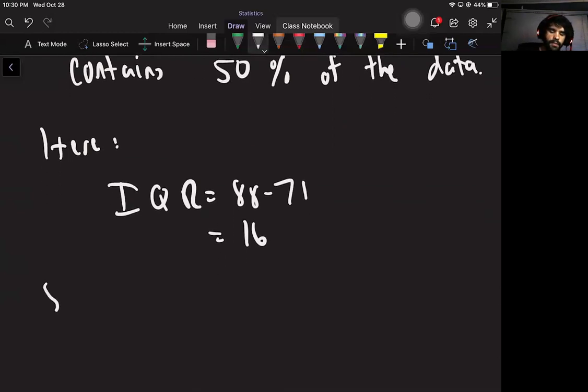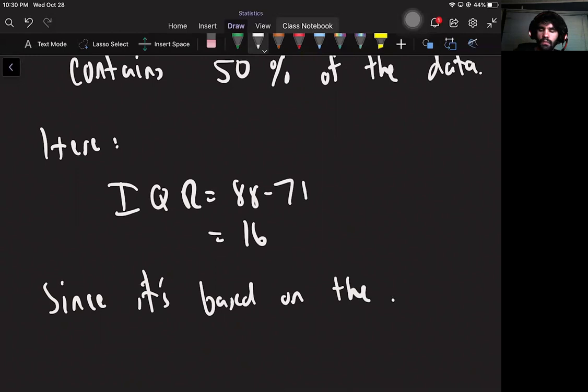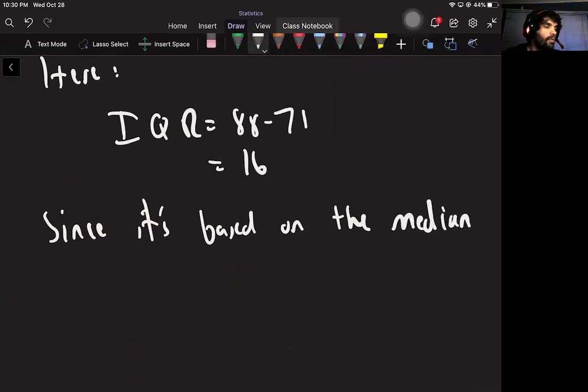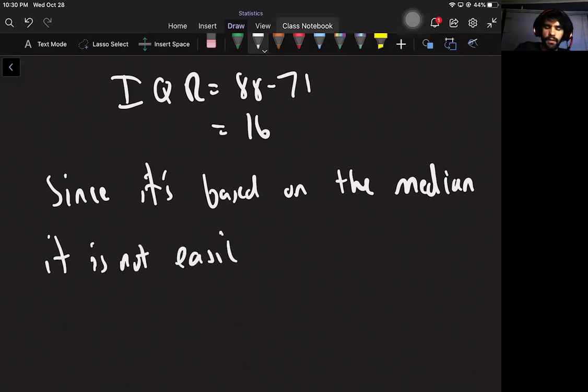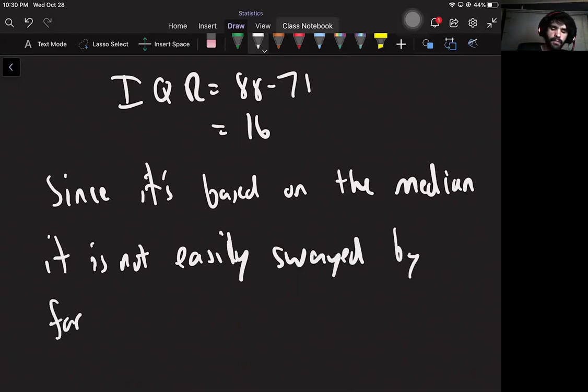Well, since it's based on the median, not the mean, it doesn't easily get influenced by very big points that are far away, or very small points that are far away in the other direction. Another way to say it is that it is not easily swayed by far away data points.